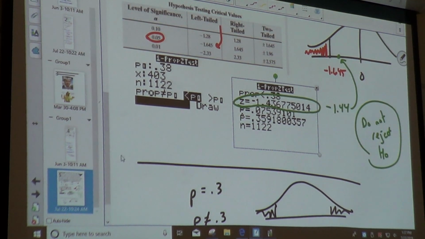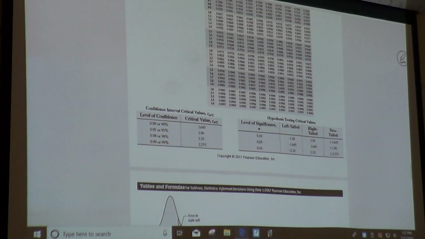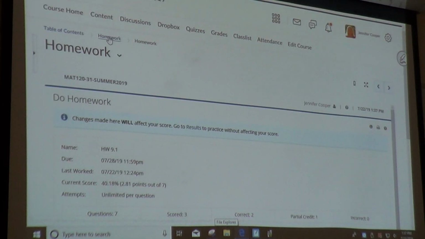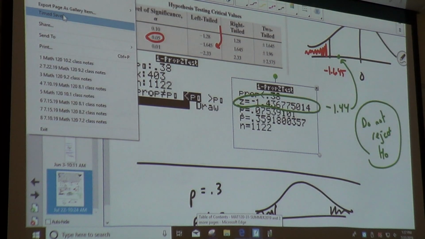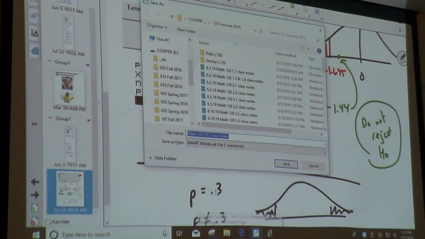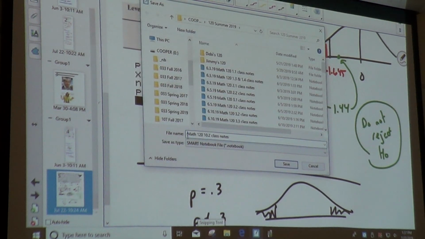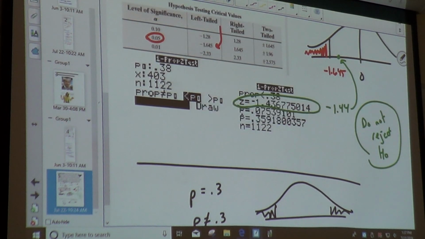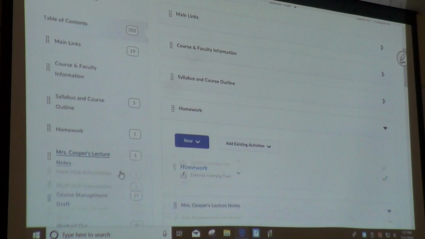Now, just to show you really quickly, if I go to content, see if it'll pull up. There we go.